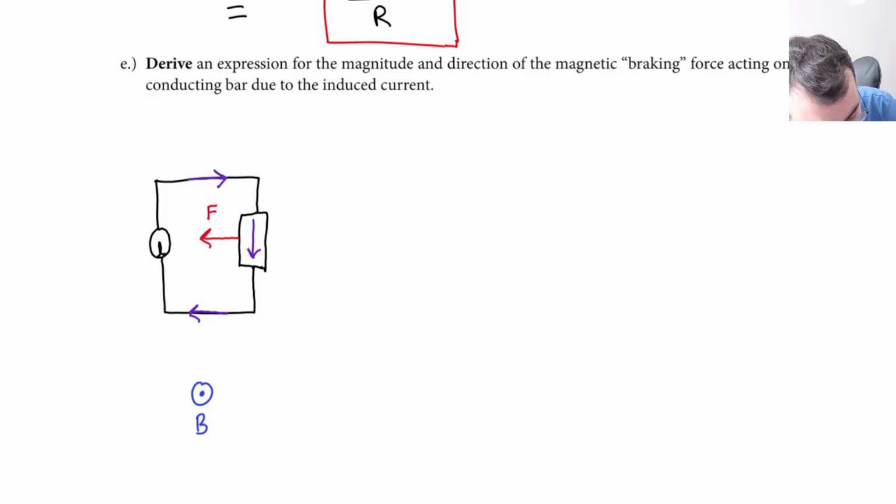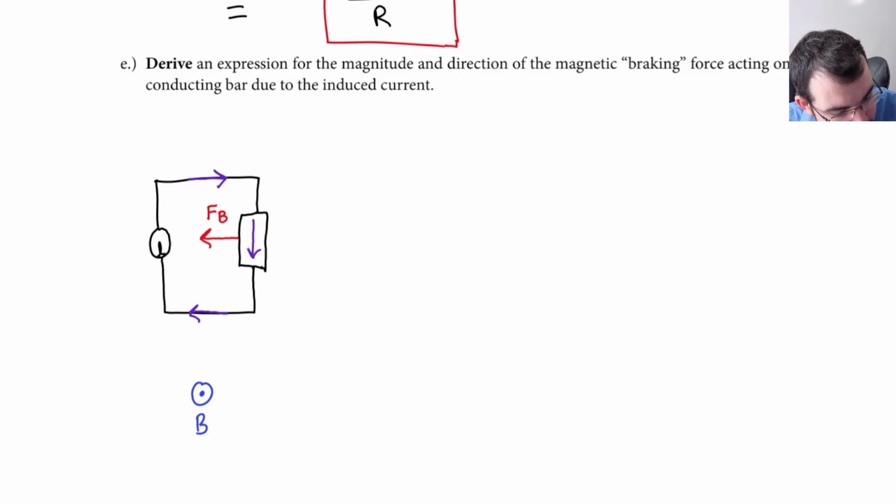It is always the case in these types of problems that the magnetic force will always fight whatever direction the motion is going in. That's a consequence of something called Lenz's law that we're going to talk about. But it's always the case, and you don't need to go through this argument ever again. It's always going to be the case that in these scenarios, the magnetic force on these bars is going to oppose the motion.